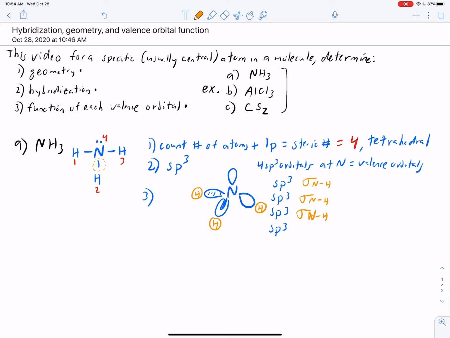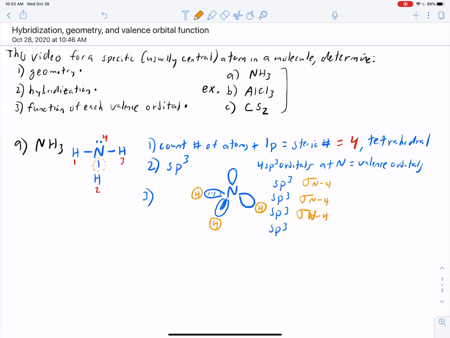Right? So what I'm saying is that the NH bond is made by taking the sp3 orbital at nitrogen and the s orbital at hydrogen and mixing them together. So the sp3 valence orbital at nitrogen is involved in that bond, is making a bond to hydrogen. There is one sp3 orbital left over because there's only 3 NH bonds.